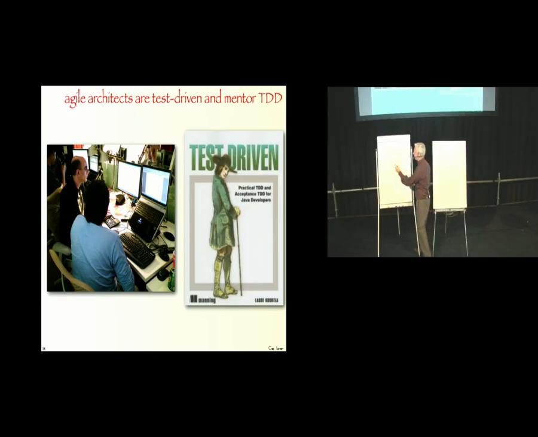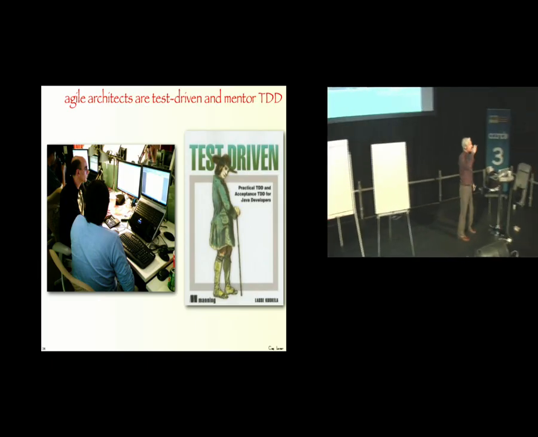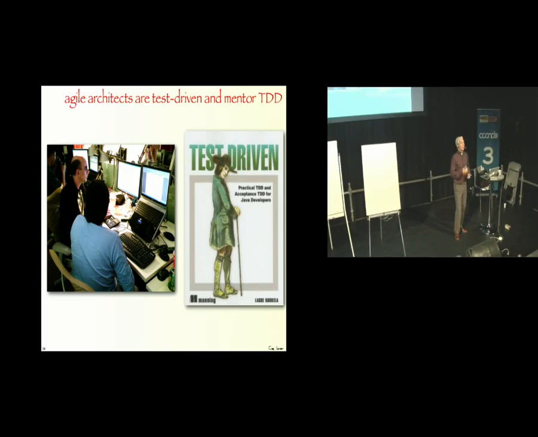In other words, in the research studies that have been done, products where more TDD was done, cyclomatic complexity was lower. So therefore, we know that test-driven development tends to encourage low cyclomatic complexity, lower coupling, and fewer defects. And therefore, in that sense, it encourages a better architecture.